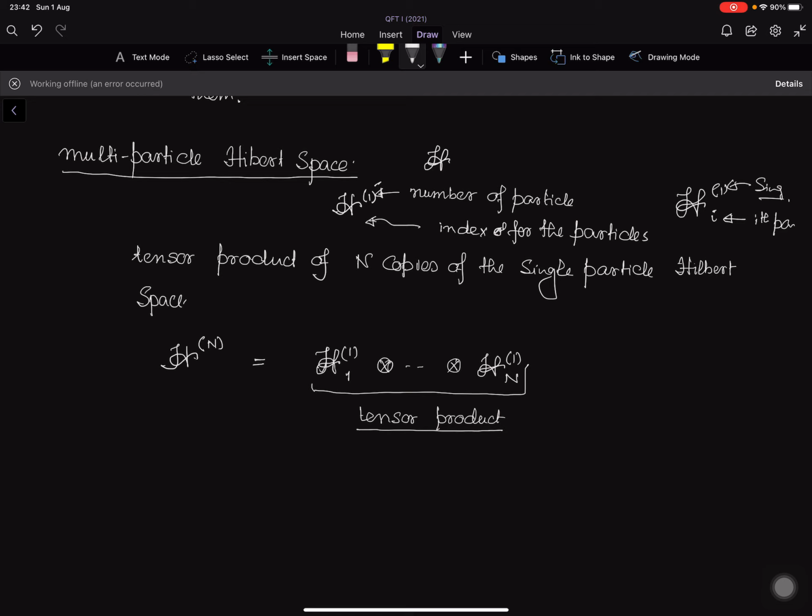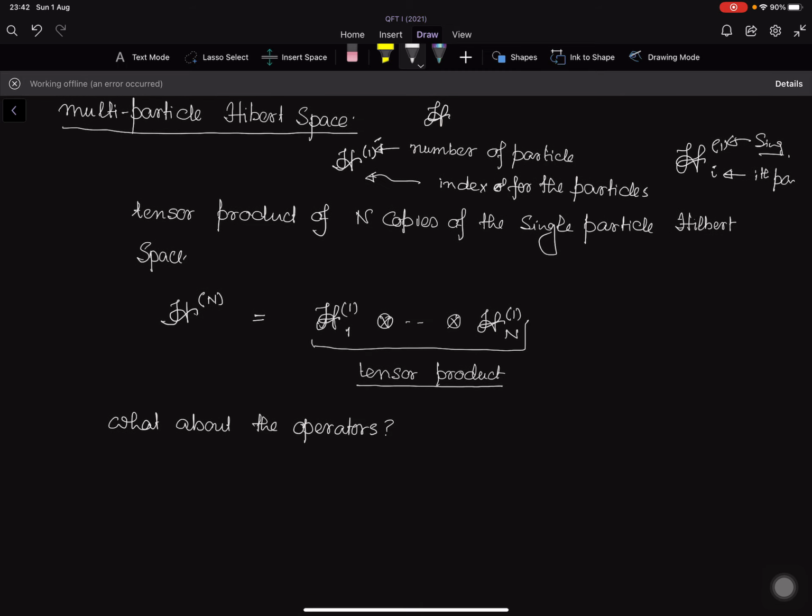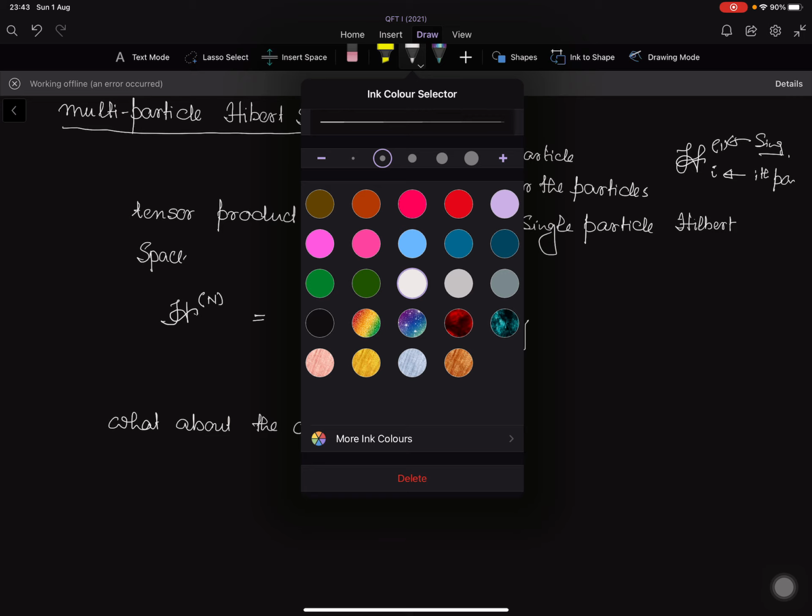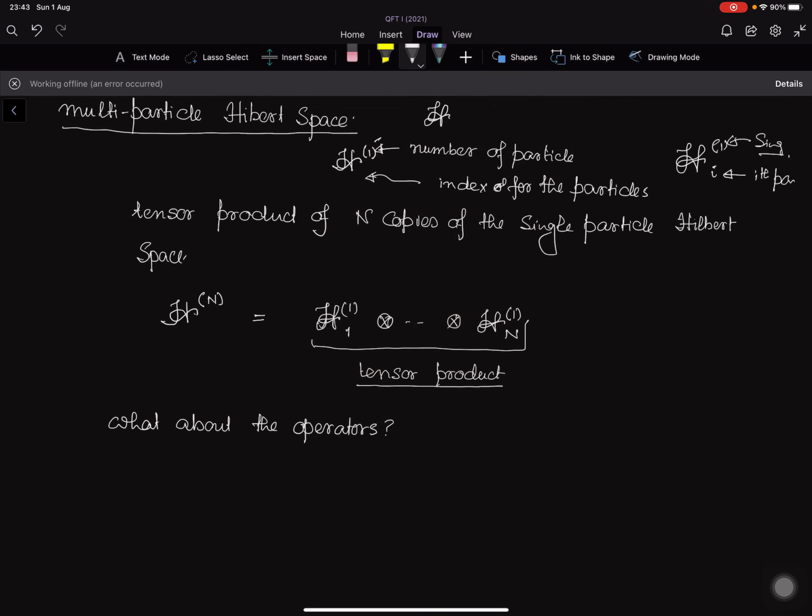Very good. Now what about the operators? So let's say there is a single particle operator.